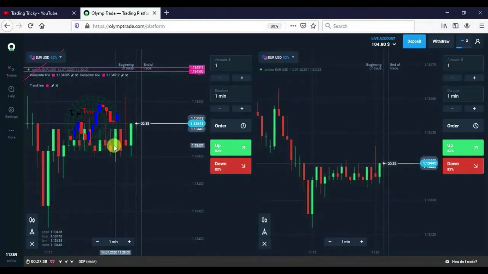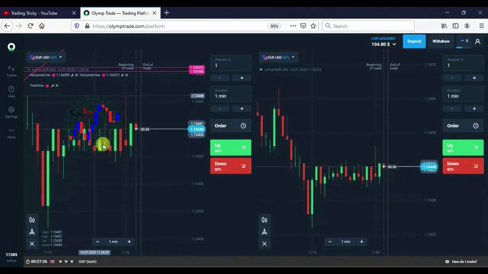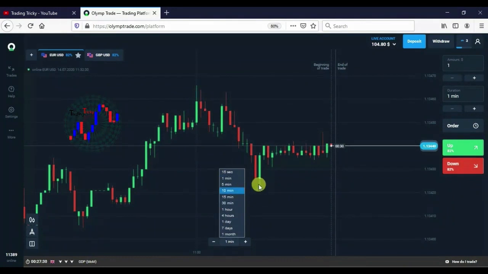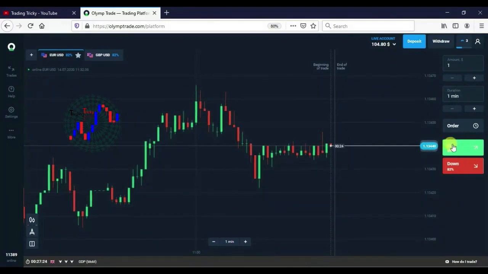In IQ Option you can split up to 9, but here you can split a maximum of 2. This is the candle time, and this is the invest amount. Here is the duration, and this is higher lower, but they use up down.